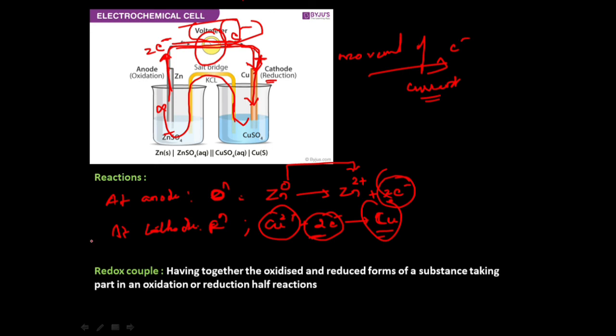So now, redox couple. What do you mean by redox couple? Having together the oxidized and reduced forms of a substance taking part in oxidation or reduction half reactions is nothing but a redox couple.